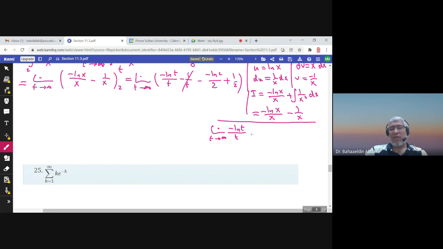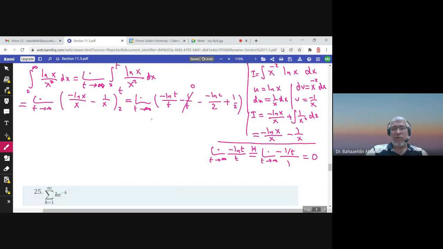It is negative infinity over infinity, so I use L'Hopital's rule. The derivative of ln t is 1 over t, the derivative of t is 1. So negative 1 over infinity, that's 0. So this limit is also 0.